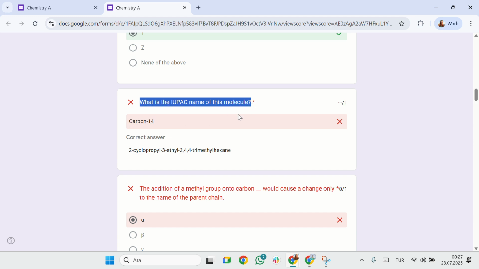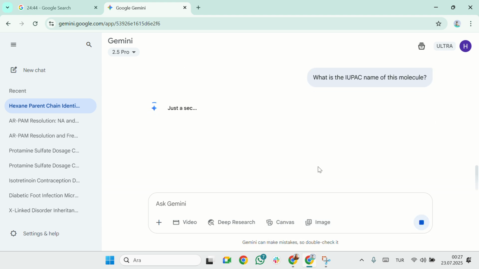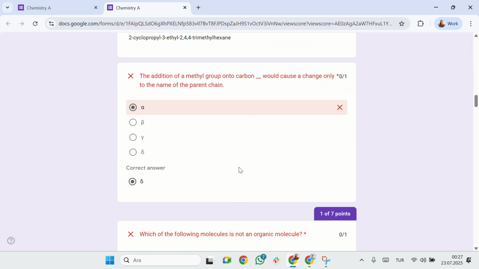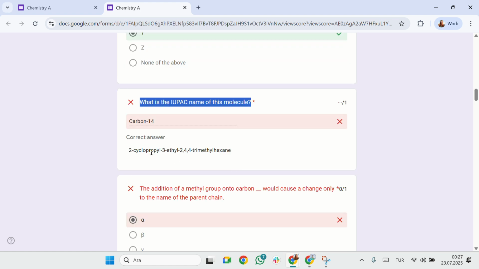Let me ask this too. Okay, so the answer was 2 cyclopropyl 3 ethyl 2,4,4 3 methyl hexane.